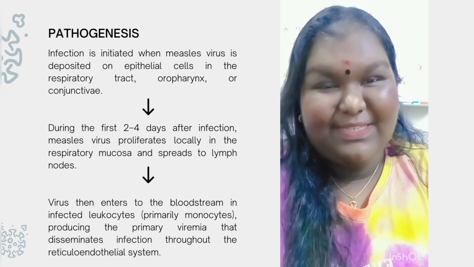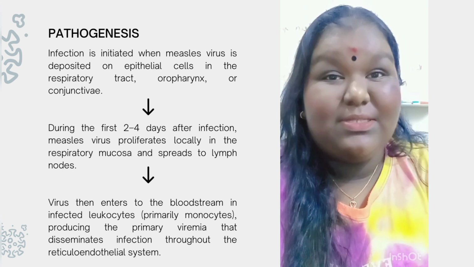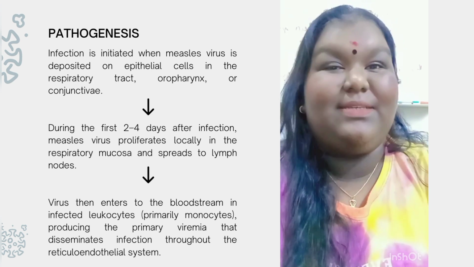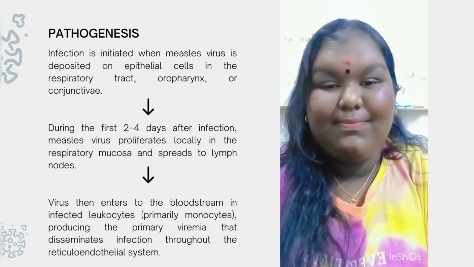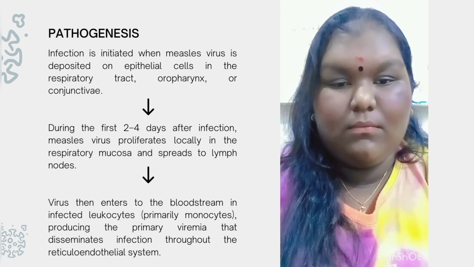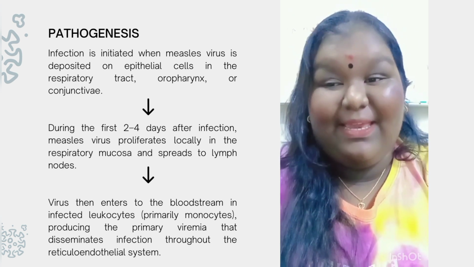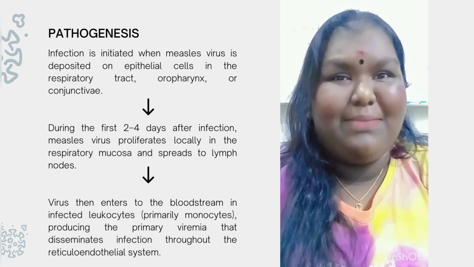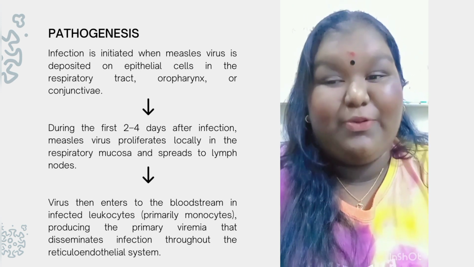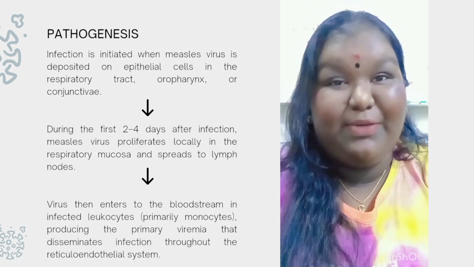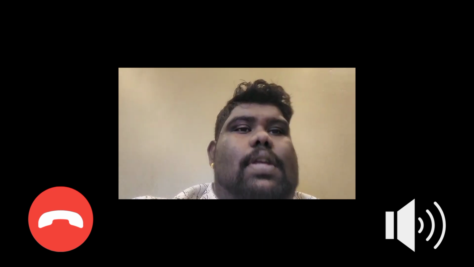During 2 to 4 days after infection, the measles virus proliferates locally in the respiratory mucosa and spreads into the lymph nodes. Lastly, the virus enters the bloodstream in infected leukocytes, primarily monocytes, producing primary viremia that disseminates infection throughout the reticuloendothelial system.